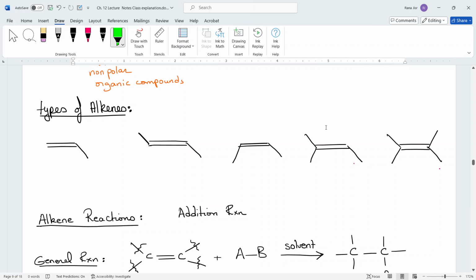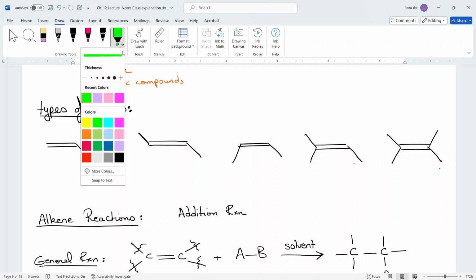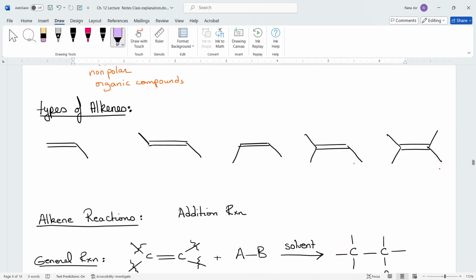Now, with respect to the types of alkenes, when we start reactions with alkenes, it's very important to know what type of alkene you are working with. And in order to know what type of alkene you are working with, all you need to do is simply check the double bond. We locate where the double bond is, and then we see how many carbons are there on the double bond.